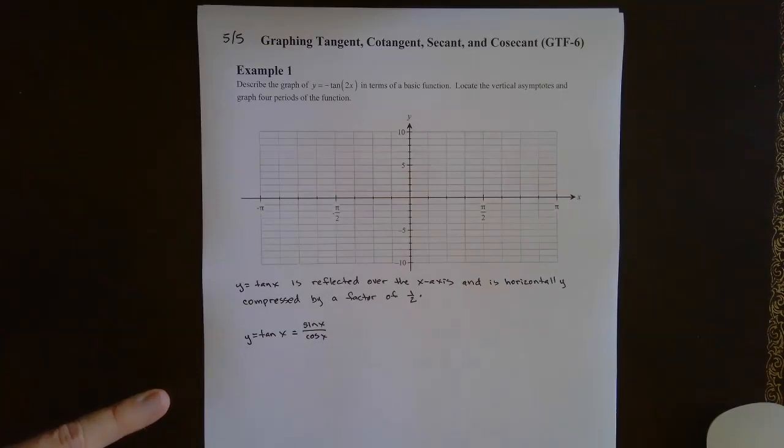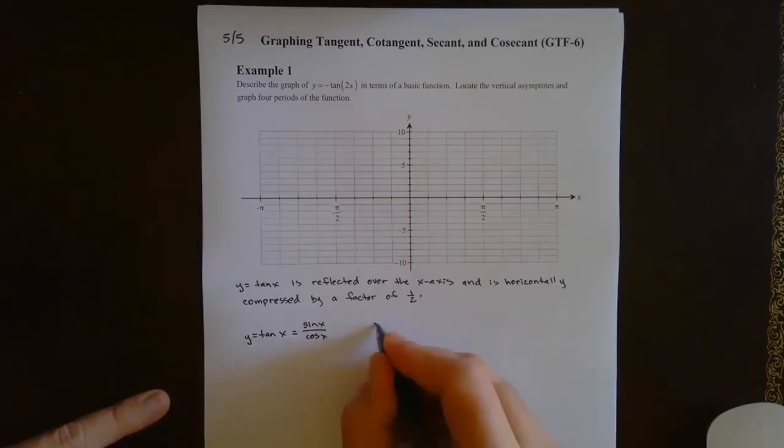Now, I'm going to go back to when we did rational functions, because this has now become something that's rational. It's a fraction, right? So we had vertical asymptotes when this became 0, right? When this denominator, okay? So that's still going to happen, okay?